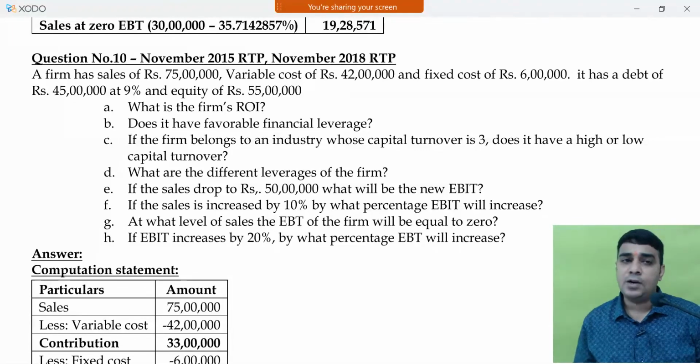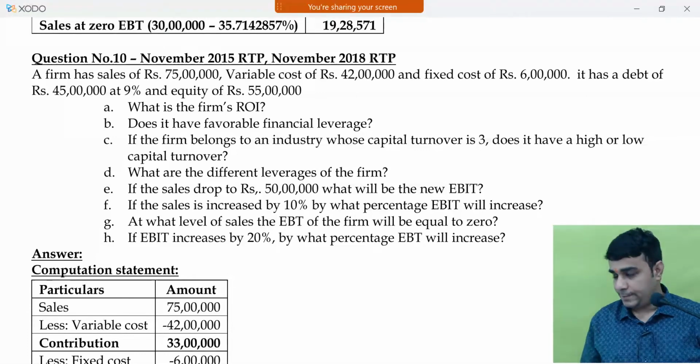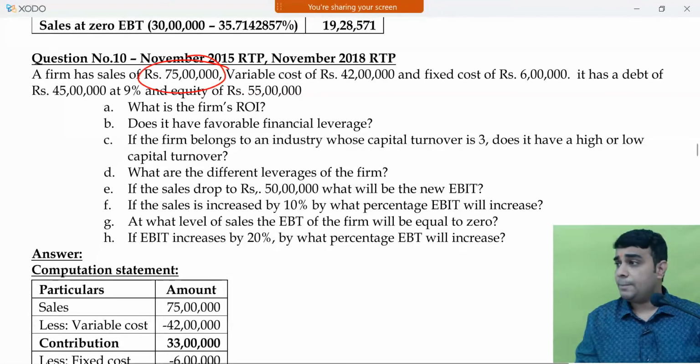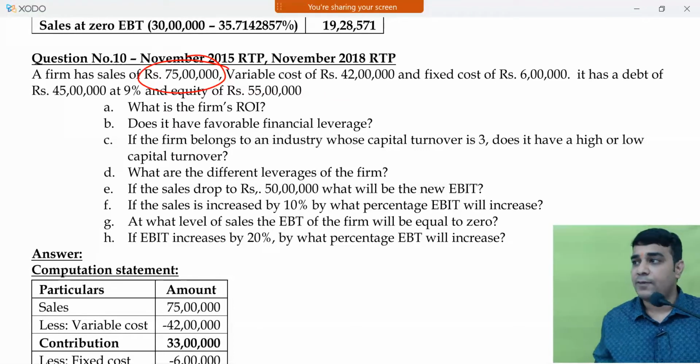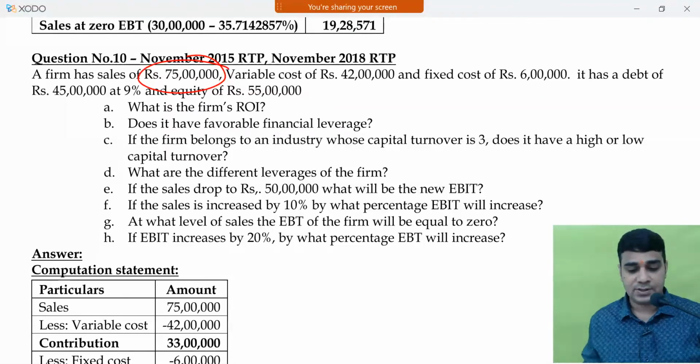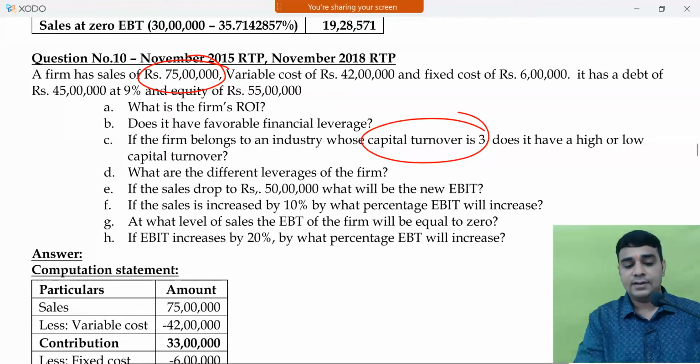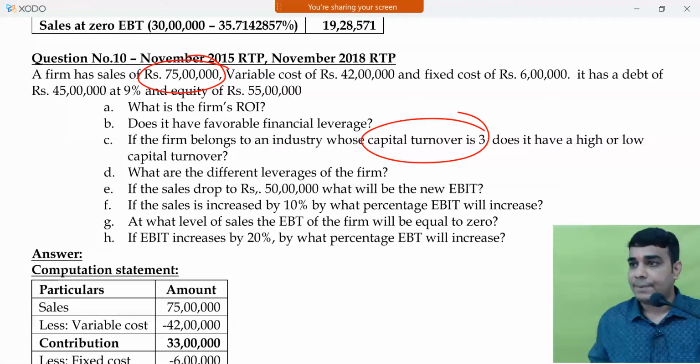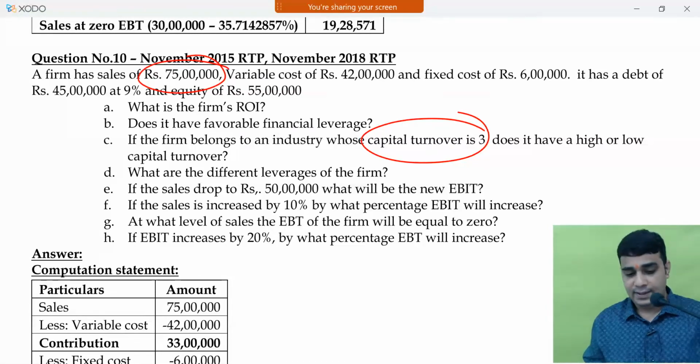Similarly, capital turnover is sales by capital employed, which is debt plus equity. So the capital turnover here is 75 lakhs by 1 crore, which is 0.75 times. The industry is at 3. So we have a low capital turnover as compared to the industry.